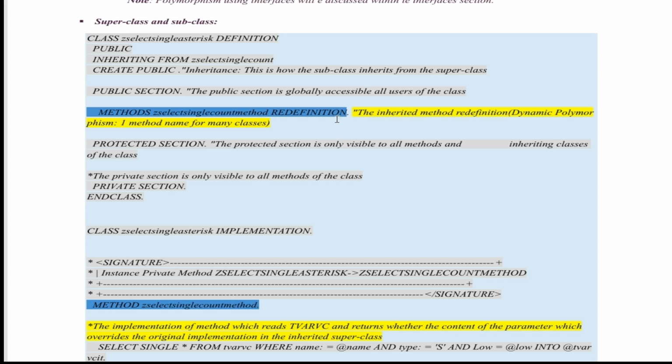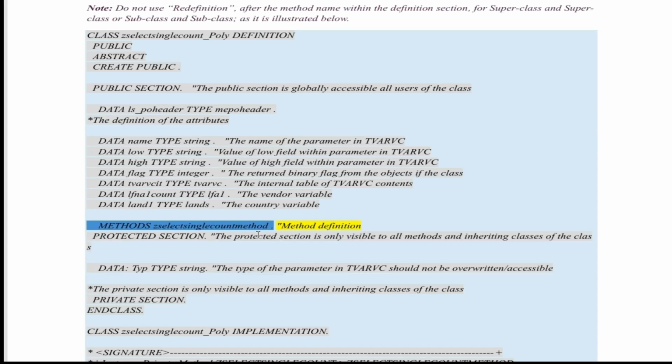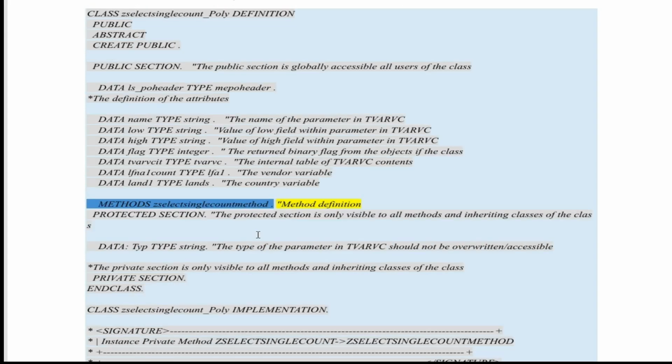If we are calling it through the parent class, then it's a different piece of code. So the class with reference to the parent will differentiate which piece of code we are executing.